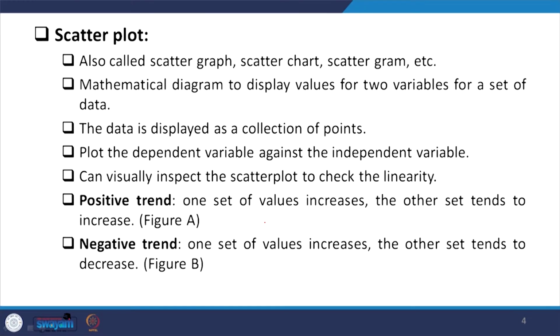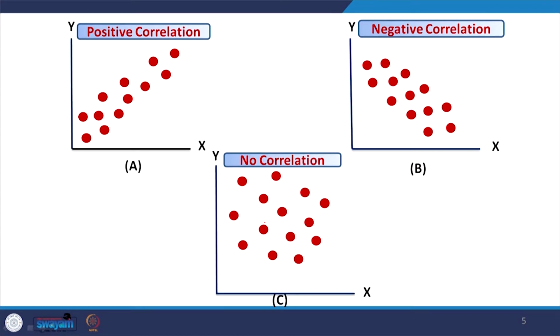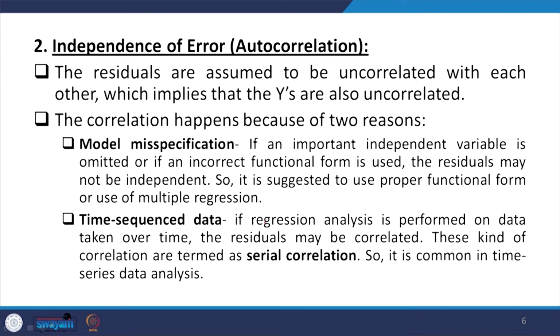These are explained in figures A and B. A refers to an increasing trend and B refers to a negative trend, whereas in C there is no trend. Accordingly, A explains positive correlation and B negative, and there is no correlation in the case of C.